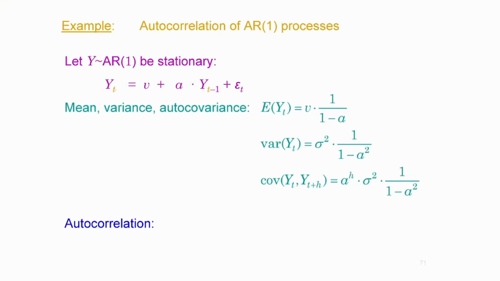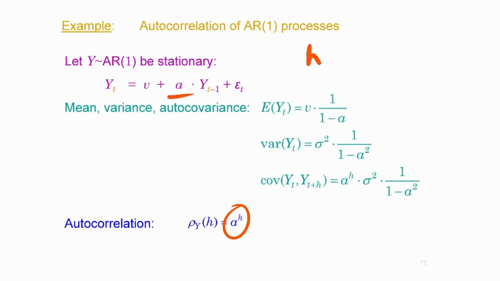But I want to look at the autocorrelation function. If you apply the Yule-Walker equation, you will find that the autocorrelation with respect to the time lag h is simply a to the power of h in this case. That's relatively simple. So it only depends on a to the power of h, on the parameter a and on the time lag.